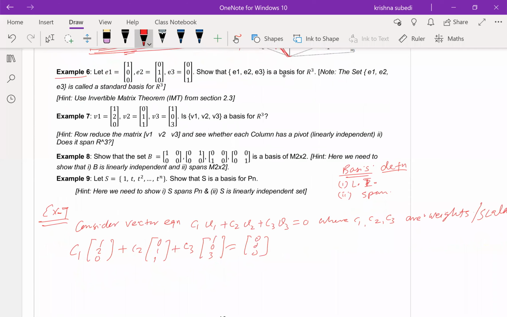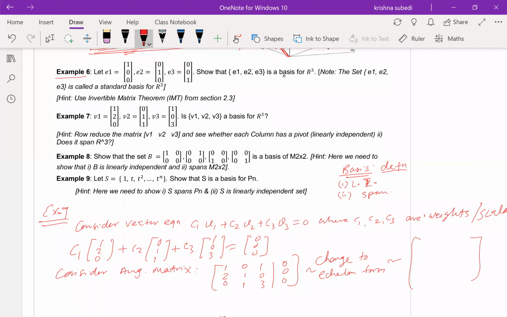Now consider the augmented matrix. Change to echelon form, please, and let me know.